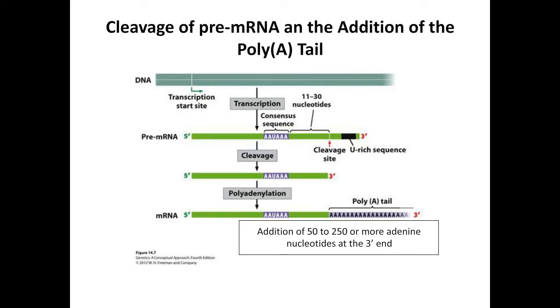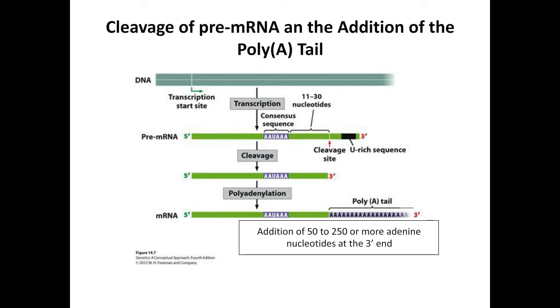One of them is basically cleaving the tail of the transcript. Here, as you can see, there is a cleavage site. This site is determined based on this consensus sequence here. Wherever this consensus sequence is, about 11 to 30 base pair down, this transcript will be cleaved. And after cleavage, we're going to have a shorter transcript.